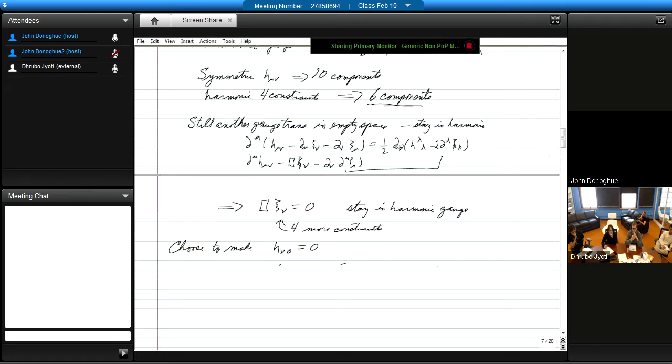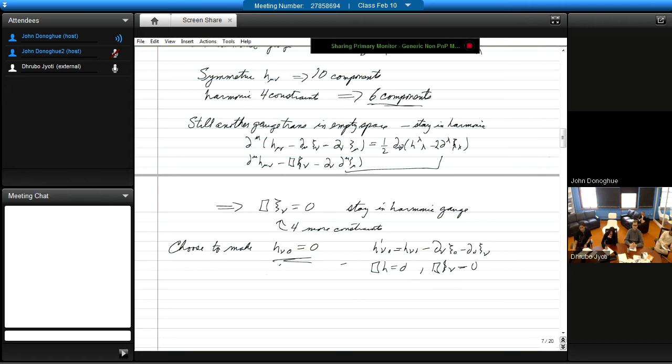So H prime nu 0 is the original H nu 0 minus derivative nu C 0 minus derivative 0 C nu, with box H equals 0 and box C nu equals 0.